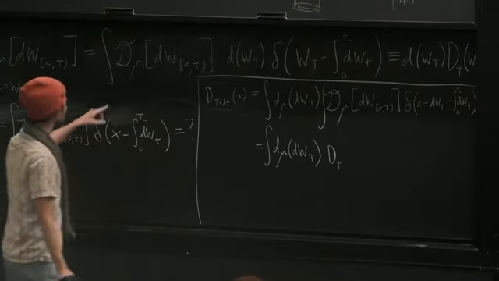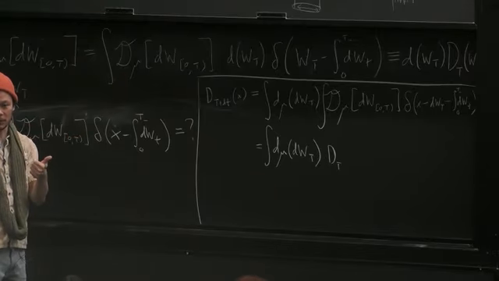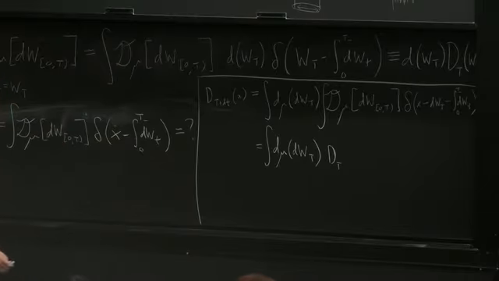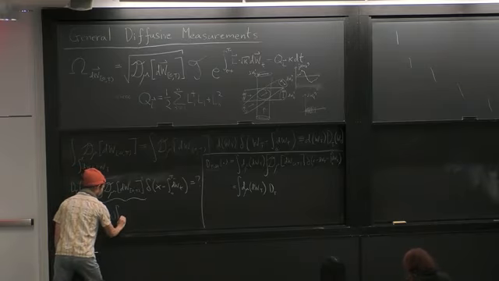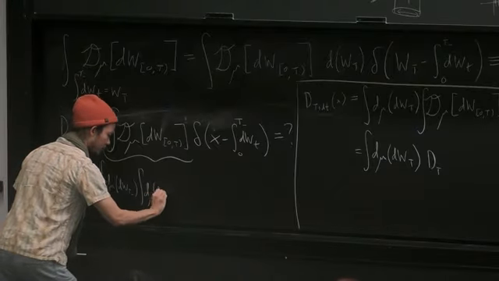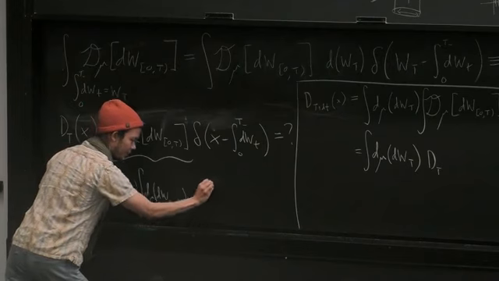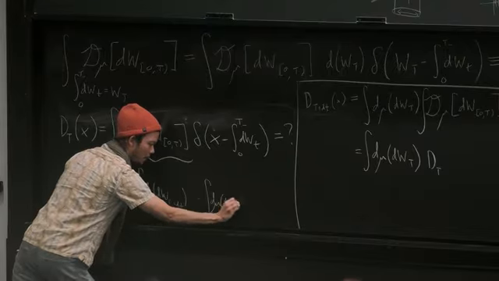So these path integrals are like infinitely many integrals, one over dw0, one over dw dt, etc. So when I write this, this is technically integral d mu of dwt minus integral d mu dwt minus dt all the way down to integral dw0. Okay.